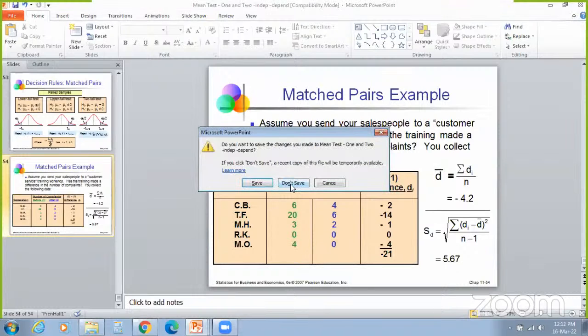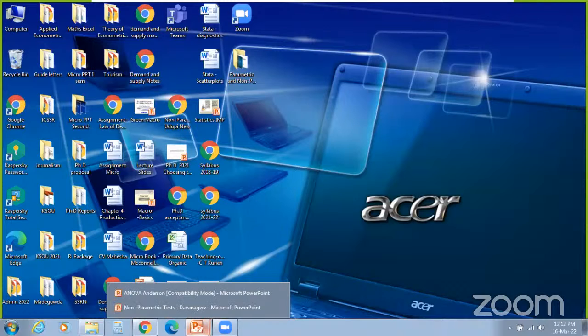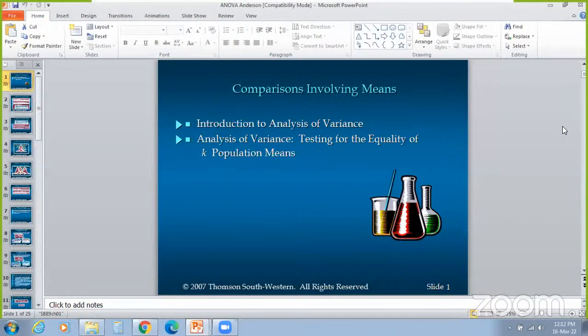Then let us continue our discussion related to the extension of the same. We started with a parametric test of the mean with a single sample mean or single population mean. Then we included one more to that, that is two population means.